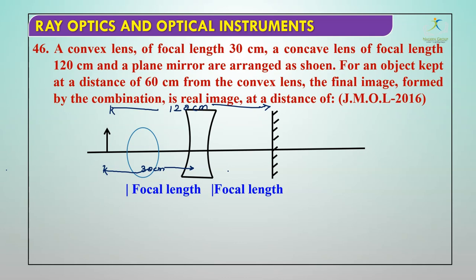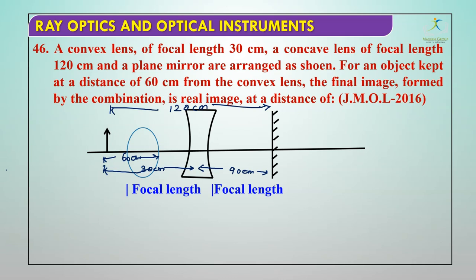So this length will be 90 cm. For the object kept at a distance of 60 cm from the convex lens, this will be 60 cm.